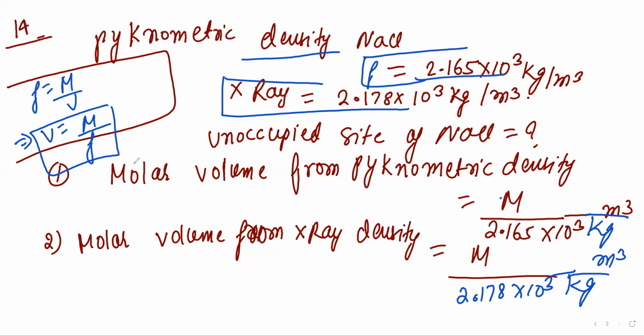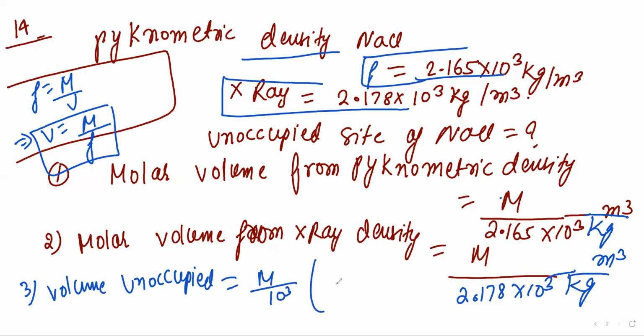Right. So you have to find the volume unoccupied. Third step is volume unoccupied. So it will be equal to M upon 10^3 times 1 upon 2.165 minus 1 upon 2.178. So subtract this one, you will get the answer. Right.